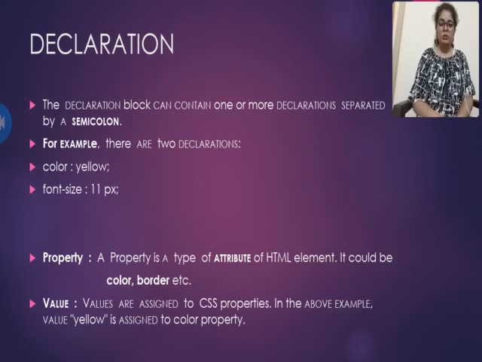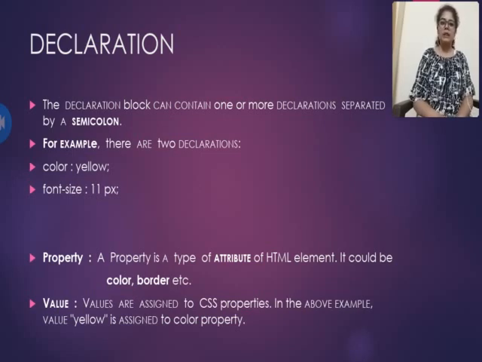Now the next part of declaration is value. What is value? Values are assigned to properties. It means whenever we use a property, we have to assign the value. For example, look again at the example. I have used color colon yellow. Here color is the property, which means what I want to apply, and yellow is the value.